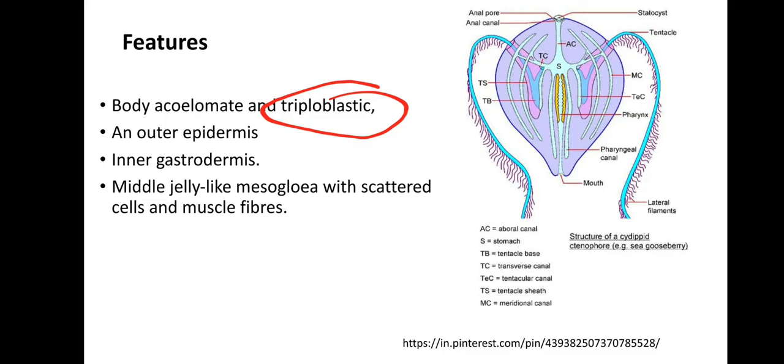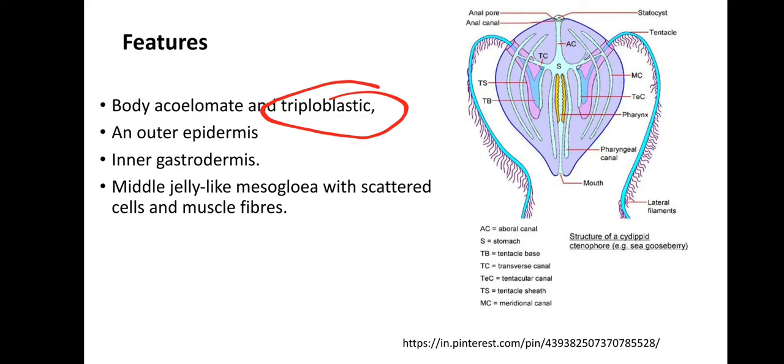Even though it is a related member, these are triploblastic individuals. They are acoelomate because there is no body cavity. And here there is an epidermis, there is a gastrodermis, but the jelly-like mesoglea has cells. That's why it is a triploblastic condition. Now, when I say triploblastic, it may not be as highly evolved as in case of higher animals from platyhelminthes onwards.